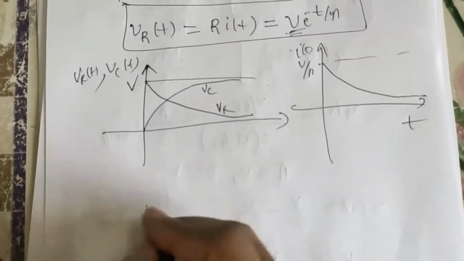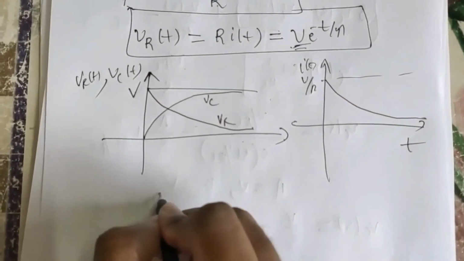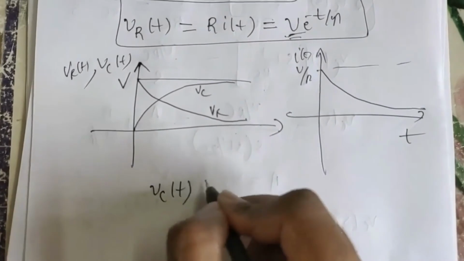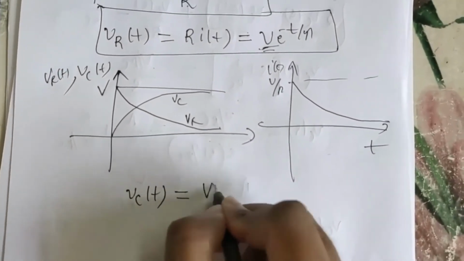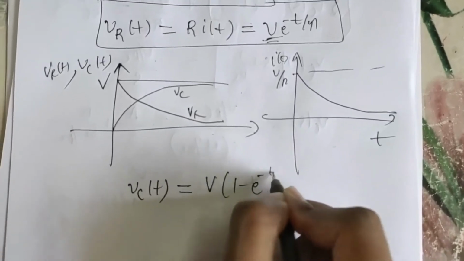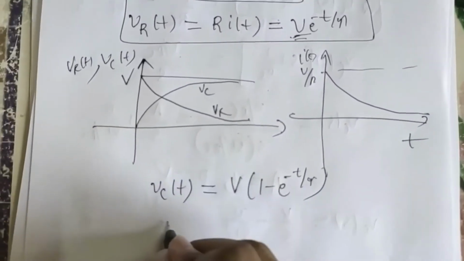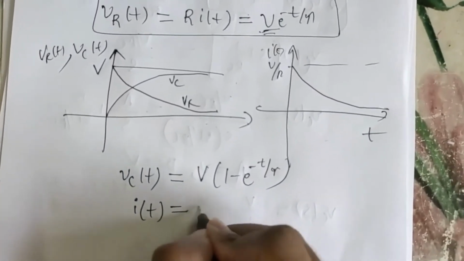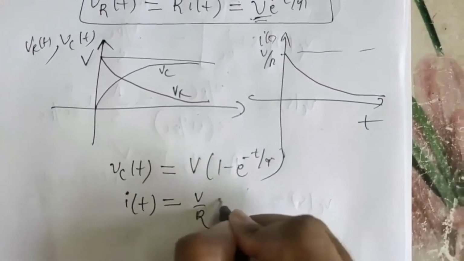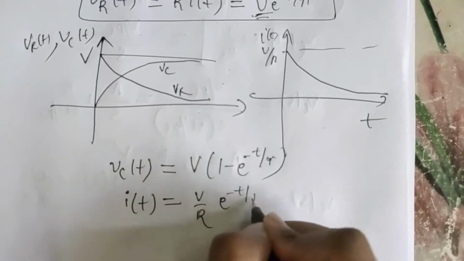So the expression for Vc of t that we have obtained is V into 1 minus e power minus t by tau, and the expression for current is V by R into e power minus t by tau.